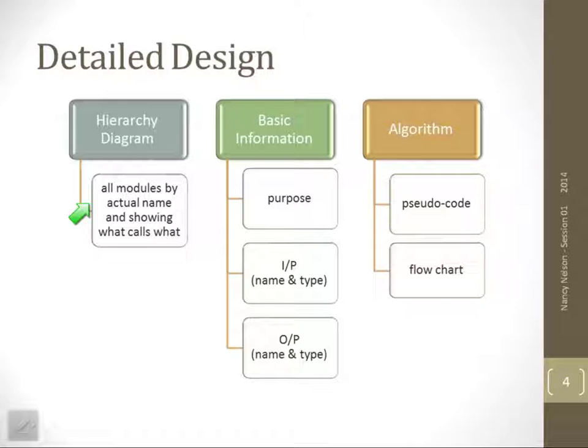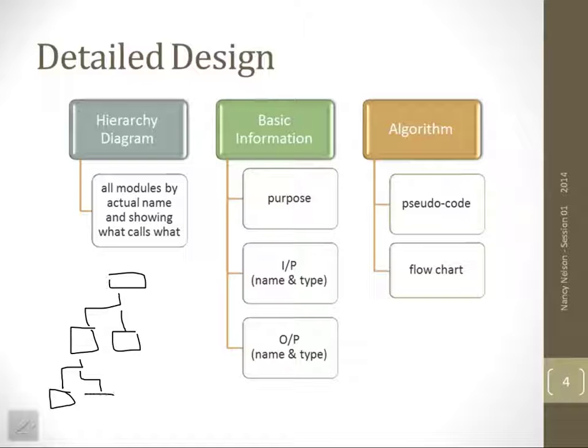So what we have here is every single module or subtask that is required for the system to do its overall job. It's going to be a series of boxes, so it's going to look something like this. So we're going to start with the top module, and then we're going to show each module that's required to complete the task. This would be our main module. This would be one that calls two other modules.